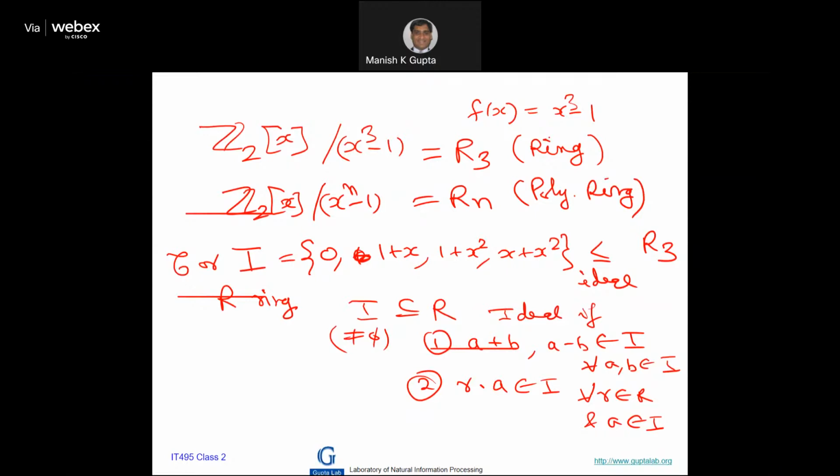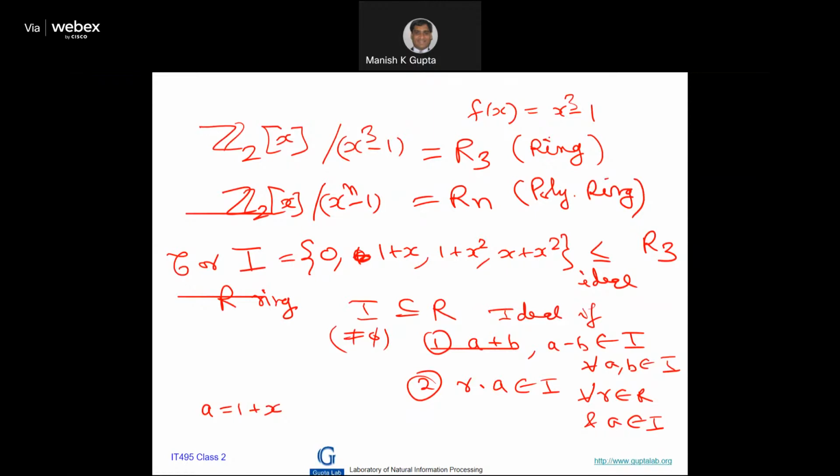Can you check whether this property holds? Suppose we take a equal to 1 plus x. What happens now? Here r is an element of the ring, and our ring R3 has those 8 polynomials.